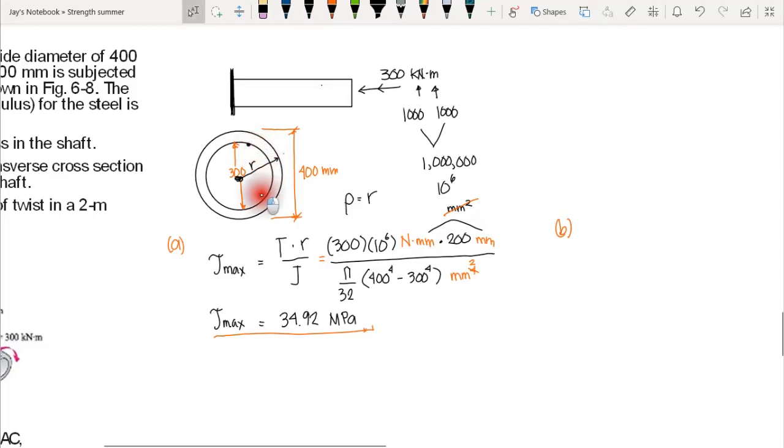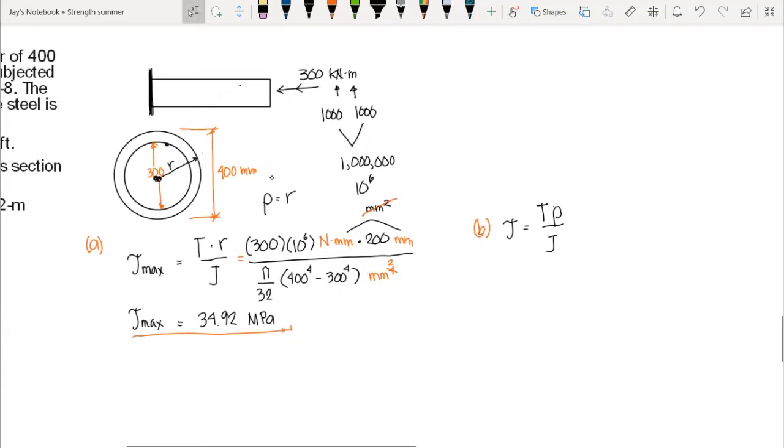Therefore, our shear is the internal torque times rho over the polar moment of inertia. Our internal torque is still the same, 300 times 10 raised to the 6, times rho.